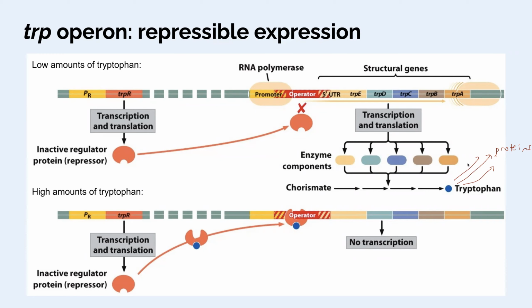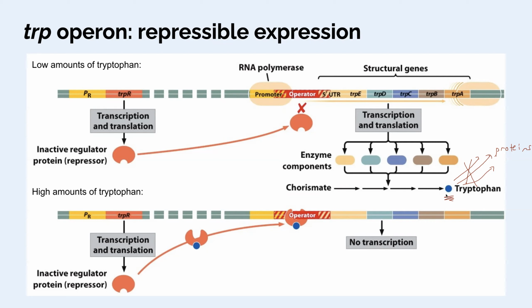But if a situation happens where cell growth slows down, maybe the cell finds itself in an environment with abundant tryptophan, anything really where this abundance of tryptophan increases, if this builds up over time, then it doesn't make sense to keep making it, right?